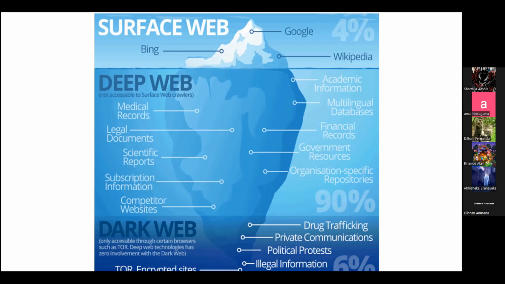Tor can be used for circumventing oppressive government actions, right? If your government has denied access to the internet, you can use Tor in order to circumvent that. But the dark web is most famous for being used by cyber criminals.